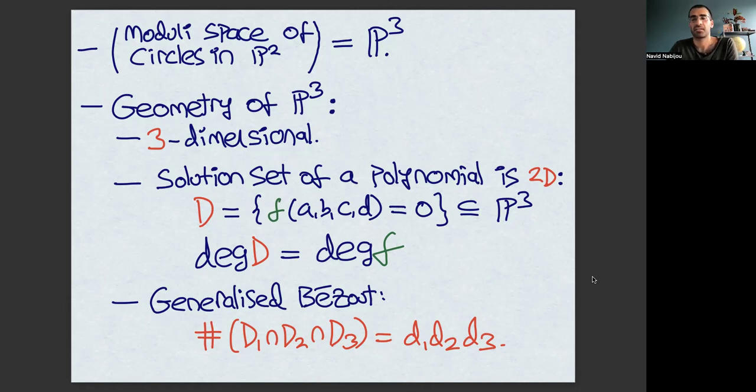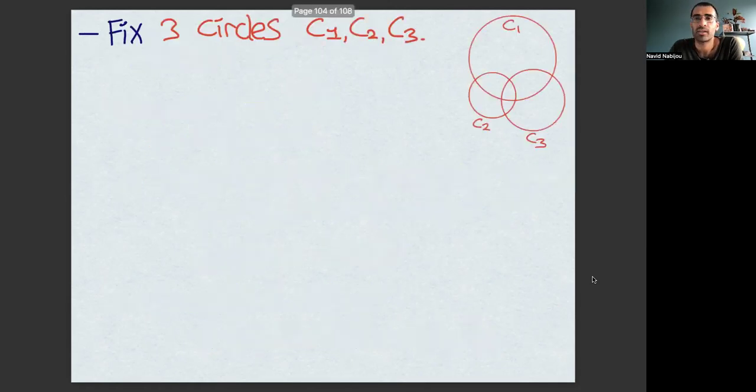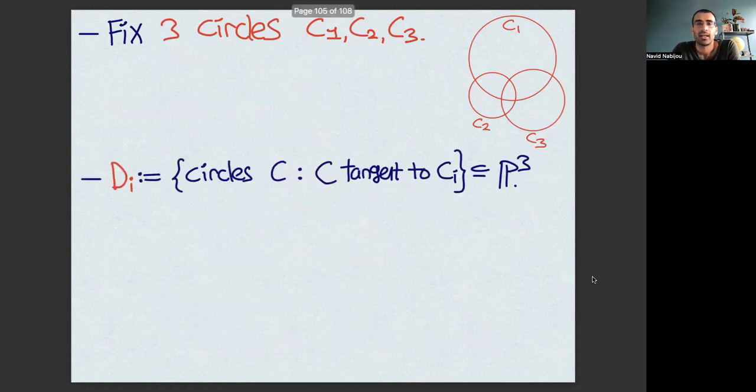Keeping this in mind, we can now try to answer our original question. We have these 3 circles sitting inside P2, defined by these equations. For each Ci, I'm going to consider some set Di, which is the set of circles tangent to Ci.